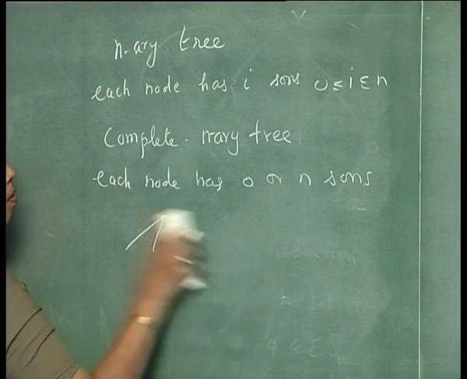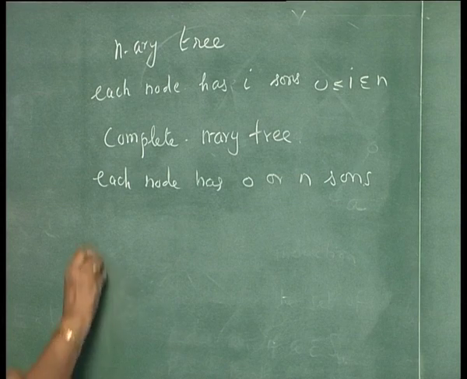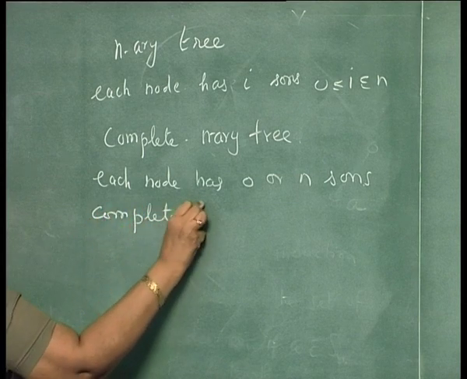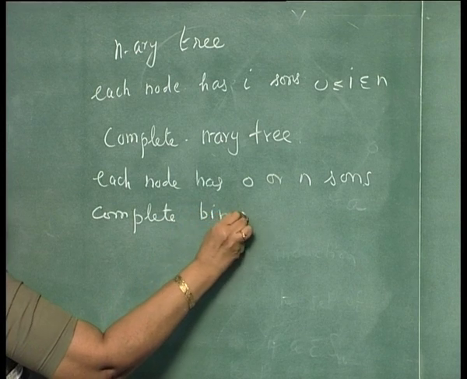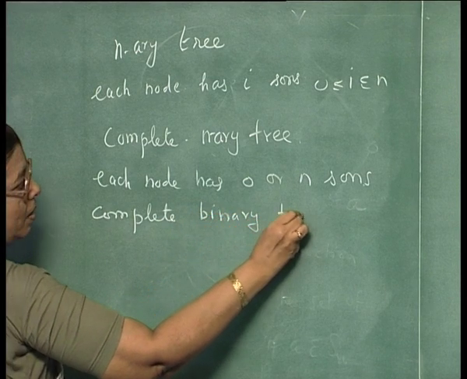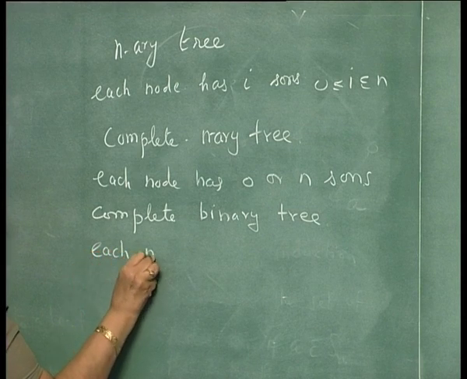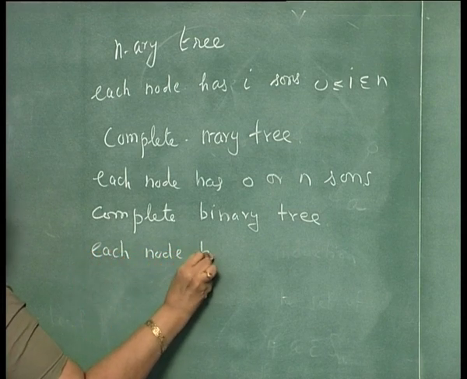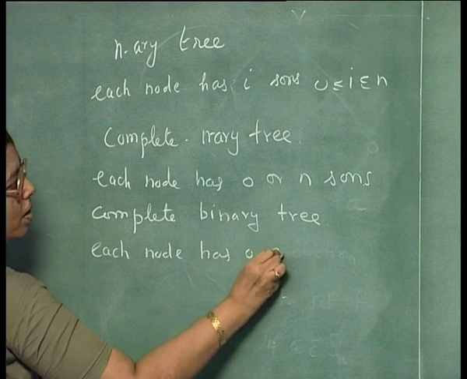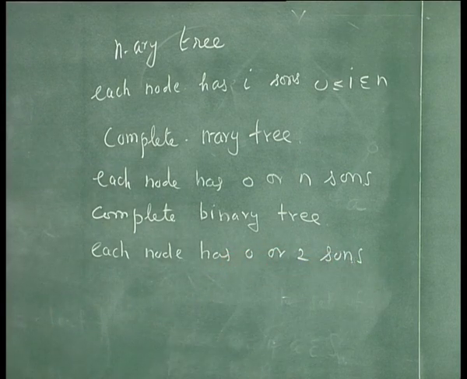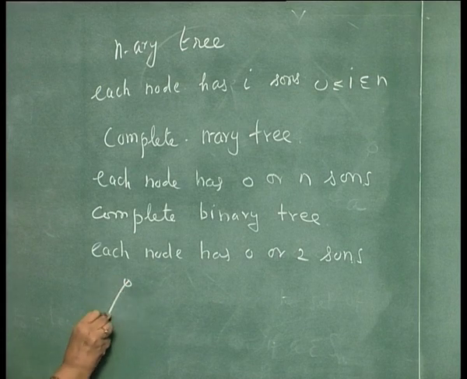Okay. What is a complete binary tree? In a complete binary tree, each node has 0 or 2 sons. For example, look at this.